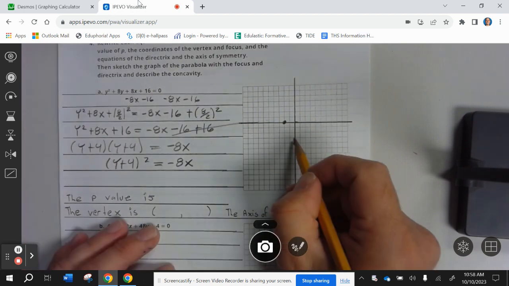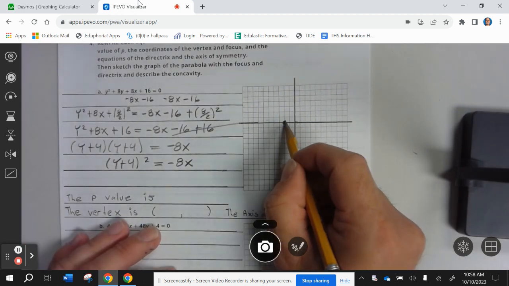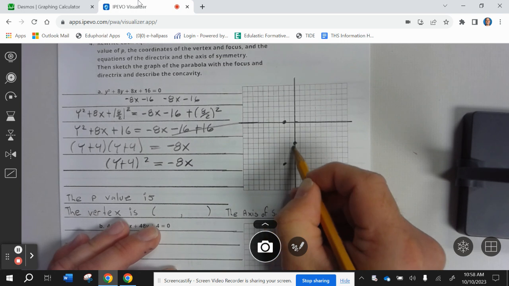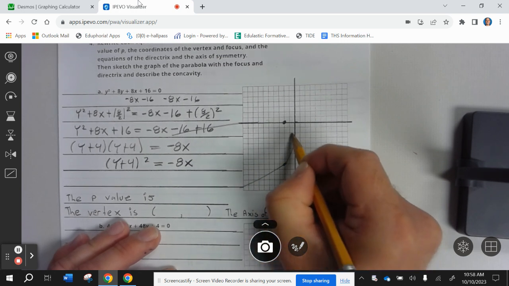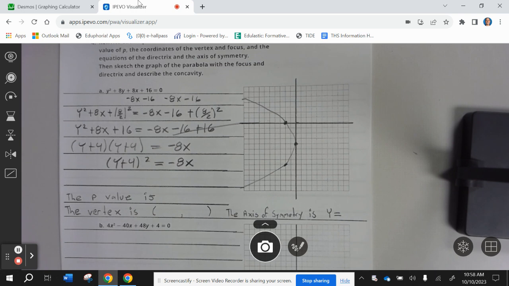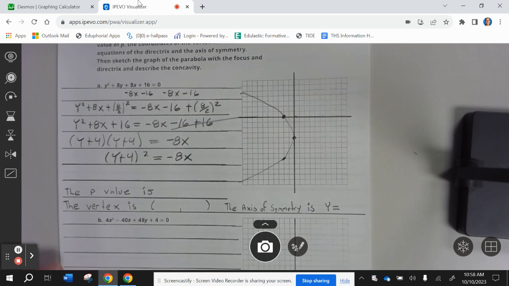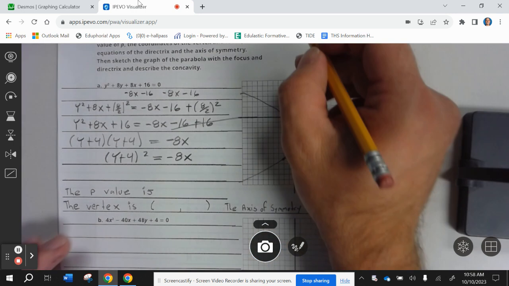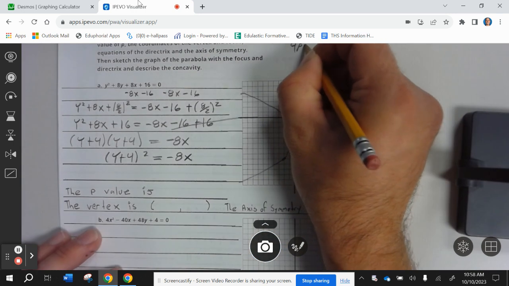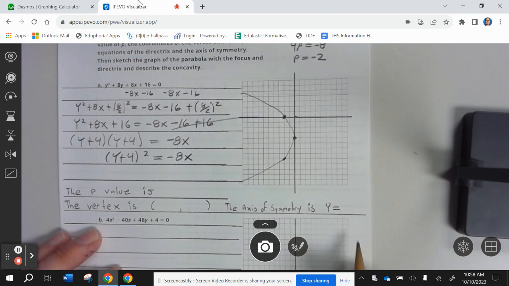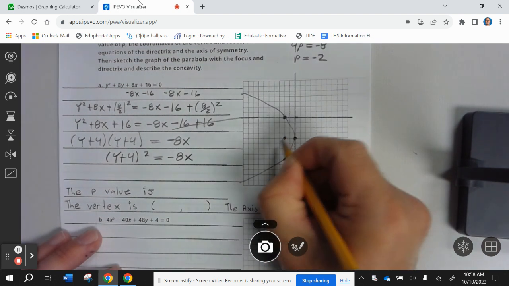So if I go up 1, 2, 3, 4 to the right 2, I can go down 1, 2, 3, 4 to the left 2. And there's our parabola. Now, we know that 4p equals negative 8. So p equals negative 2. So there's your p value.